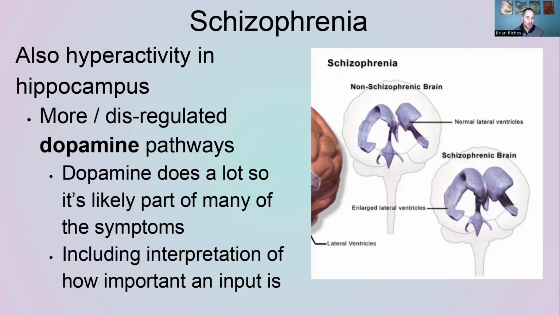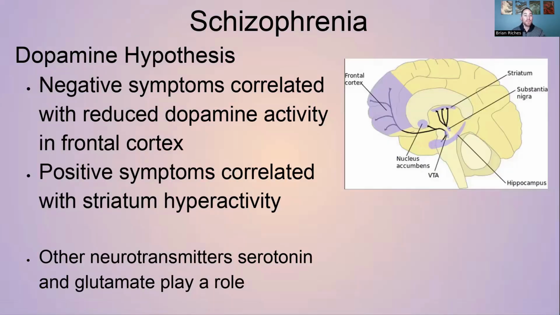So there is dysregulation in those dopamine pathways. But again, dopamine does a lot of things in the brain, so it is interconnected. The negative symptoms, interestingly, are correlated with reduced dopamine activity in the frontal cortex, over here towards the front of the brain. That's for the negative symptoms, like pulling away and flat affect.